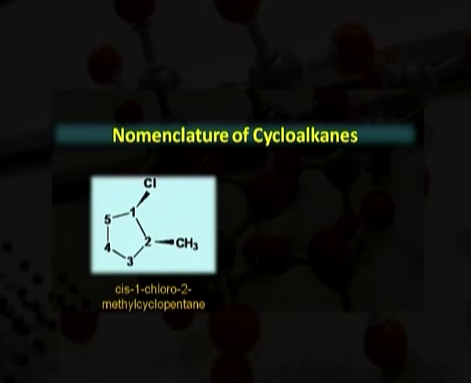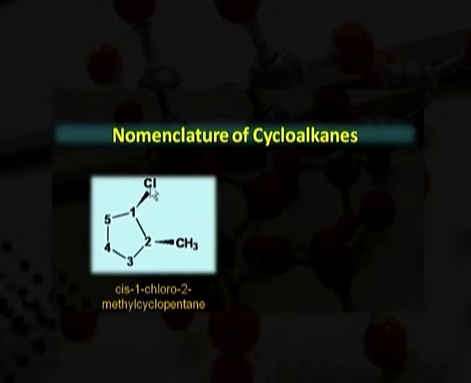So, as per the nomenclature we are using cis before naming this compound. Hence, the name of this compound is cis 1 chloro, following the alphabetical priority, and 2 methyl cyclopentane, cyclo because it is having cyclic structure, pentane because it is having 5 carbon atoms, that is carbon 1, carbon 2, carbon 3, carbon 4 and carbon 5.